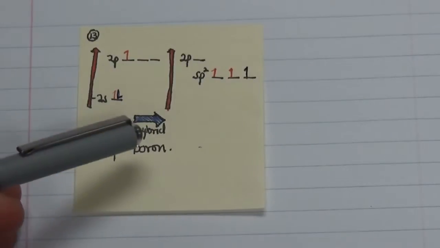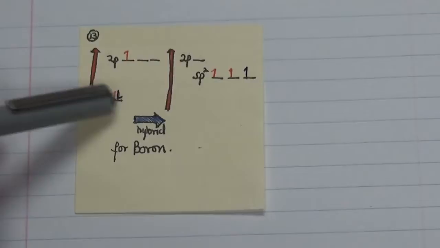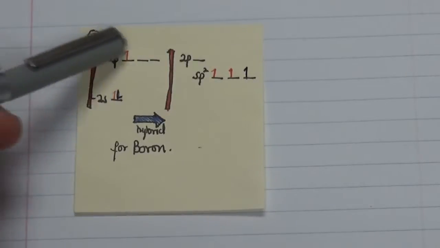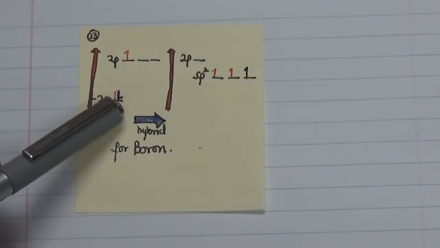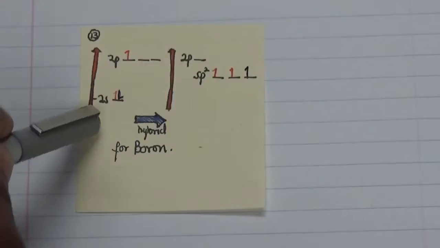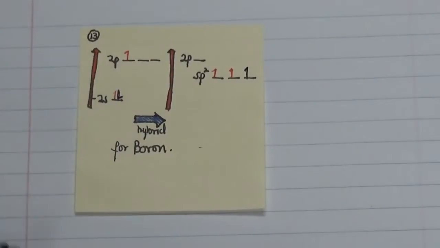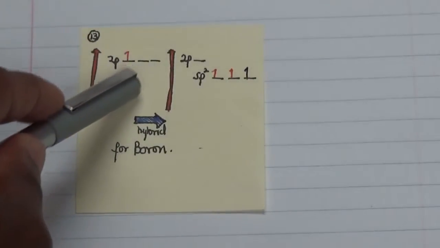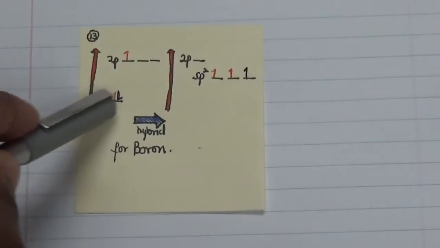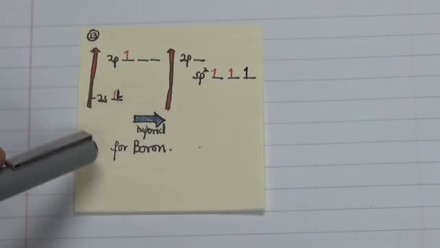Once you apply the hybridization on the atomic orbital of boron, because we know that boron has 3 electrons, you fill up the 2s orbital with two, then you add 1 electron to the 2p orbital. So by hybridization, you are taking out the 3 orbitals here and leaving one of the p orbitals unhybridized.